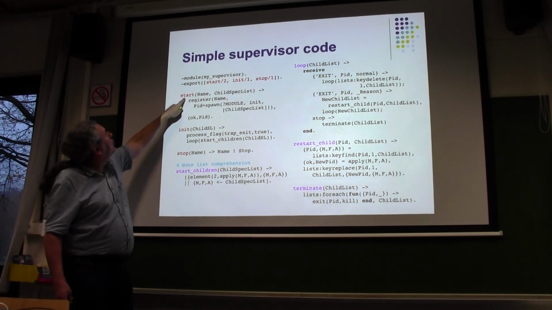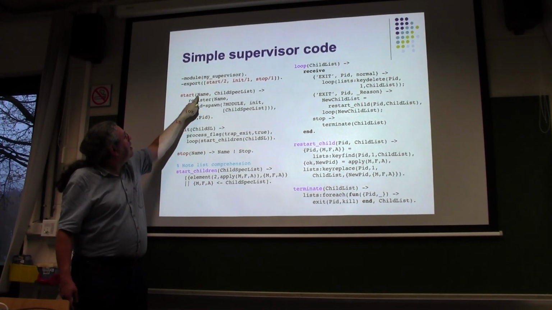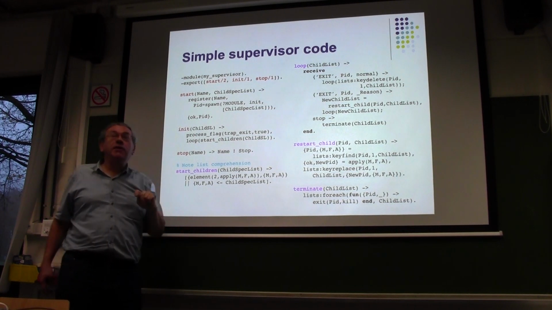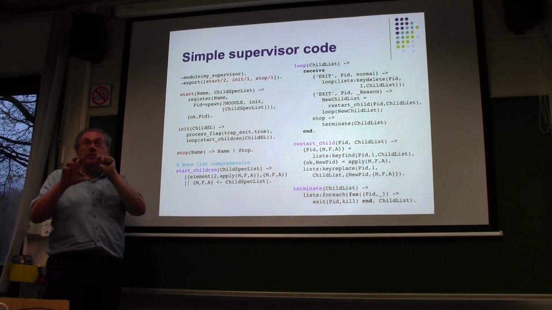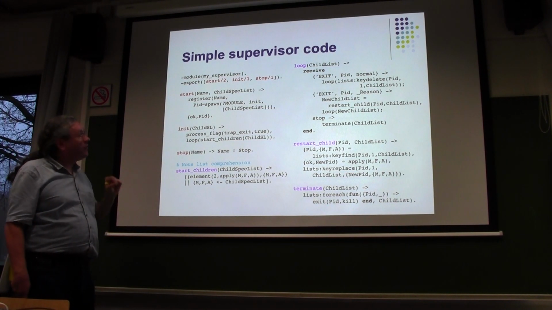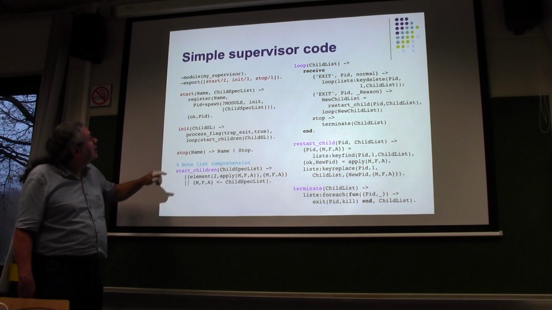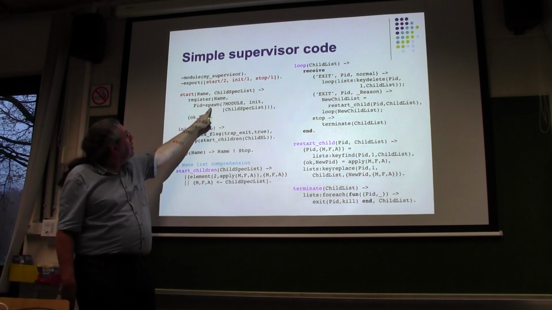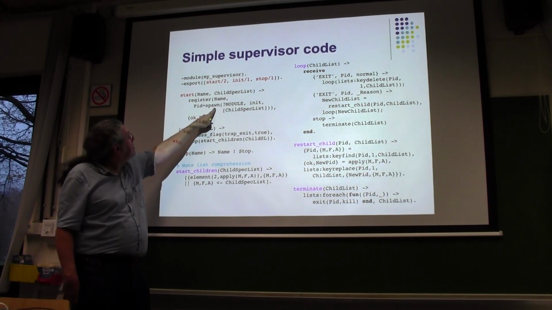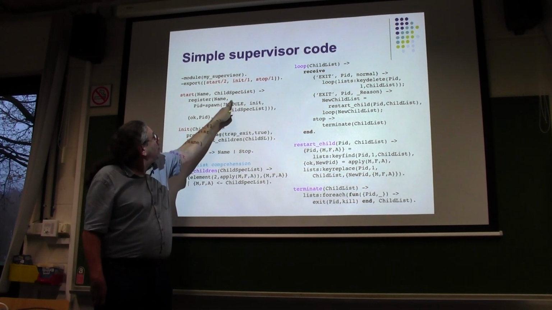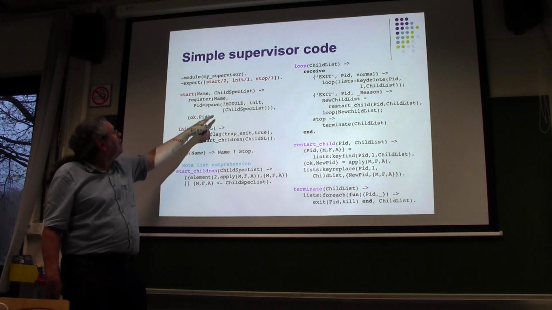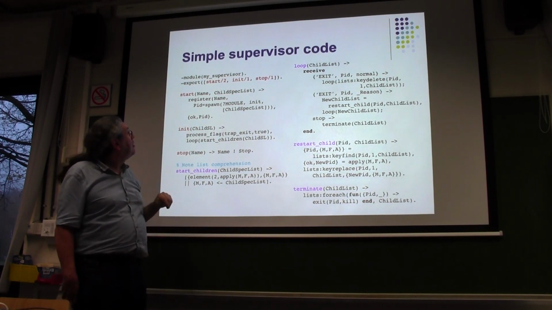You start up the supervisor. You give it a name. The name is registered. I didn't refresh, but remember, register is a way to give a name to a process, like an atom. And I will now create a new process. And this ?MODULE is a macro. It basically is just the name of the module.